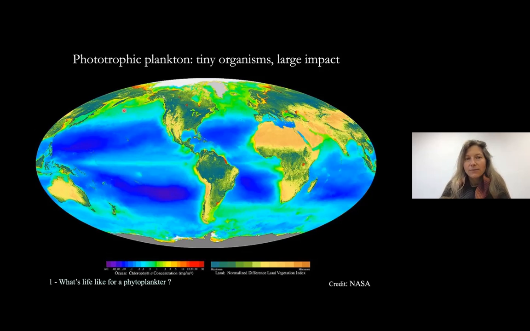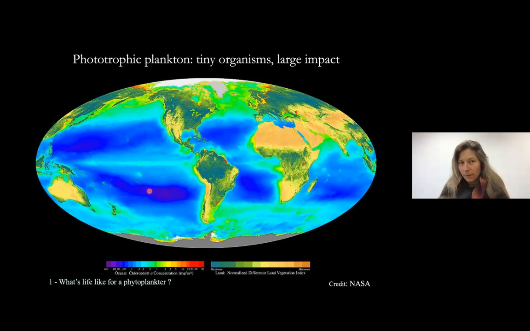See how it's far more concentrated in the high and low latitudes compared to the oligotrophic gyres. So that means that at the very large scale, the development of phytoplankton is highly constrained by a number of environmental factors that change in space and that also change in time.